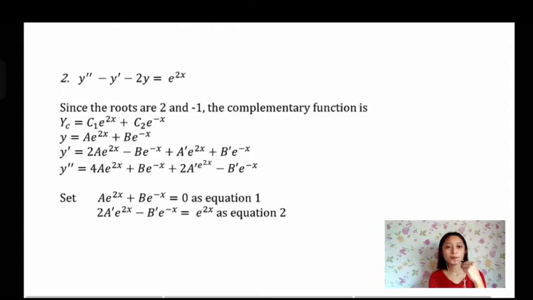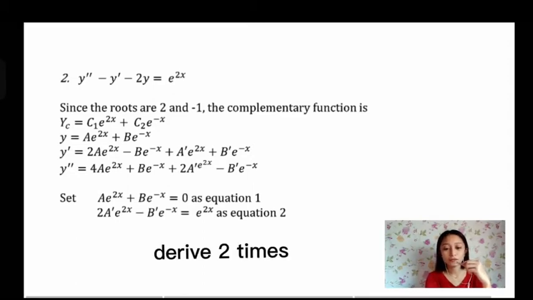Then our complementary function is c sub 1 e to the 2x plus c sub 2 e to the negative x. Replacing c's by a and b, y equals a e to the 2x plus b e to the negative x.